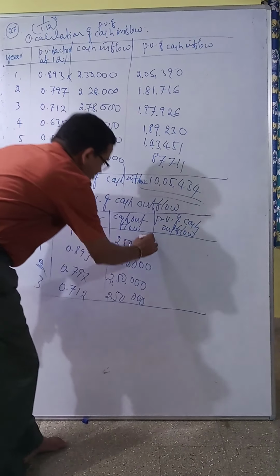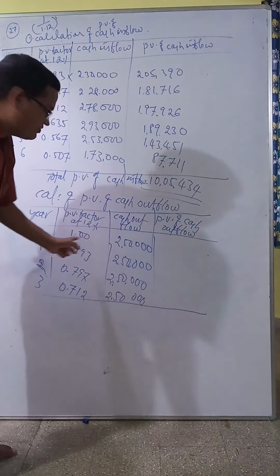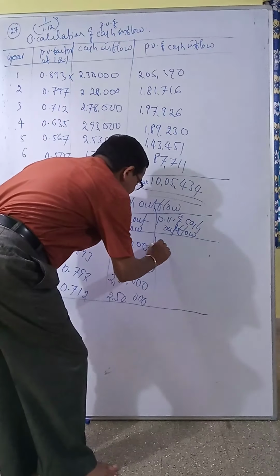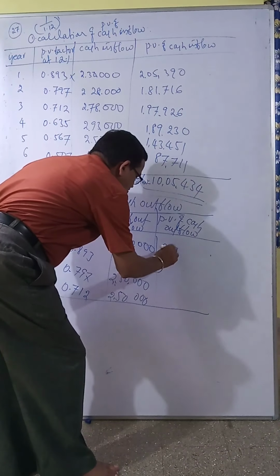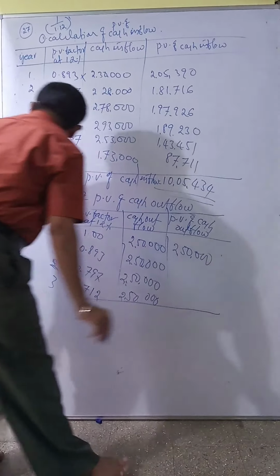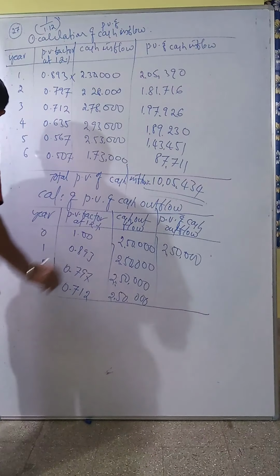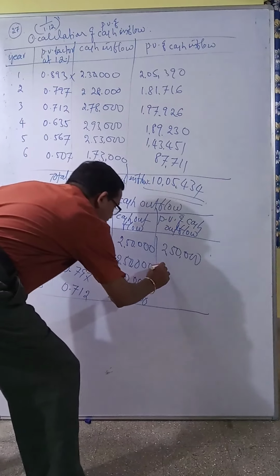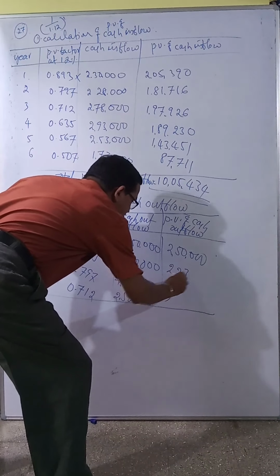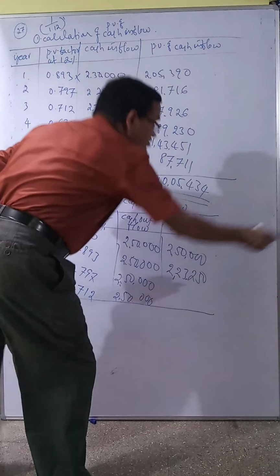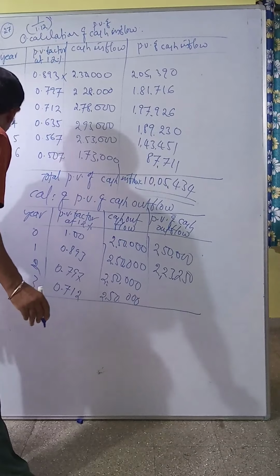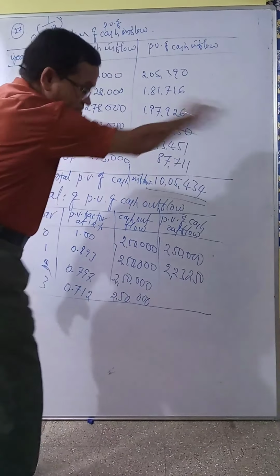Then the present value of cash outflow: multiply 2,50,000 by 1 to get 2,50,000. Next year, 2,23,250. Next, 1,99,250.